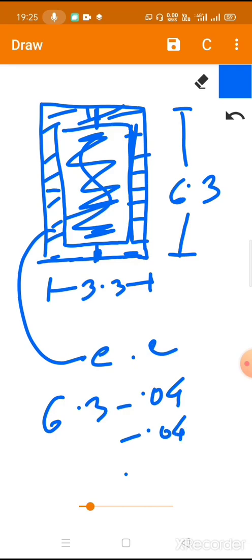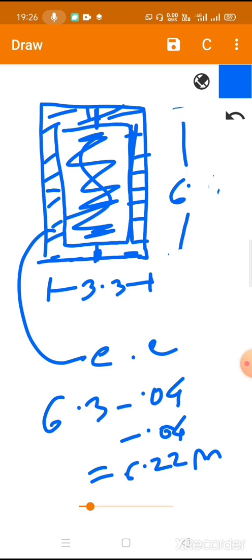Okay, so along this direction this becomes 6.22, over which the main reinforcement will be provided.